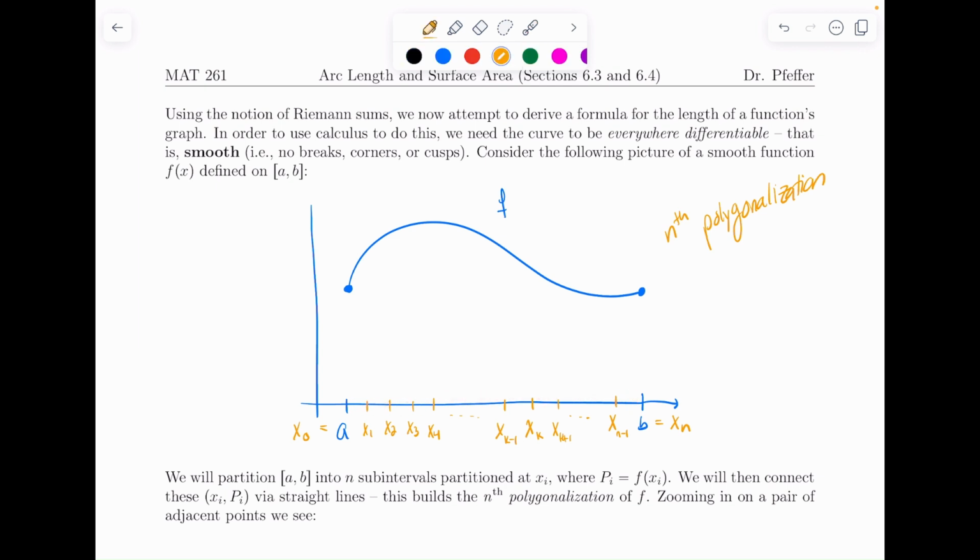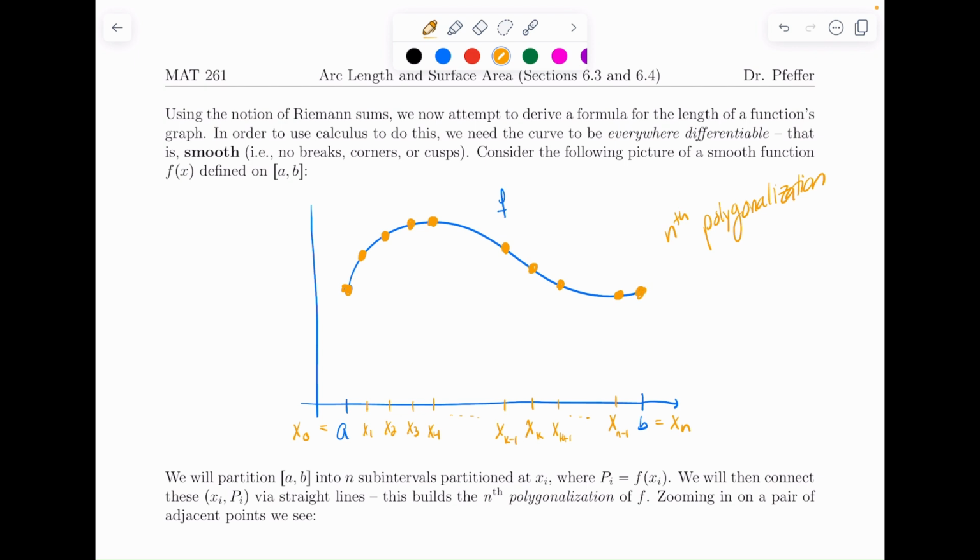Look at the associated outputs of that partition. So here we have the 0th, 1st, 2nd, 3rd, 4th. These are all the outputs for the partition endpoints. K minus 1, K, K plus 1, N minus 1, and N.